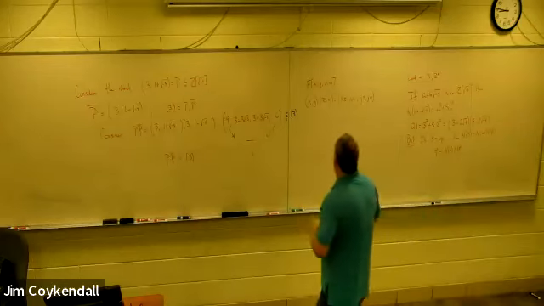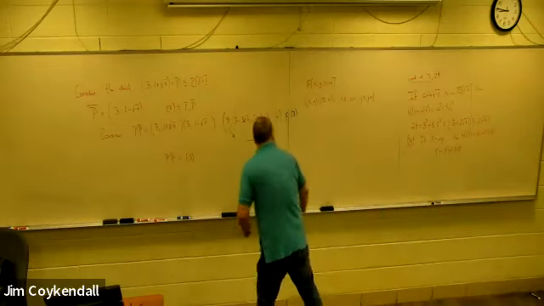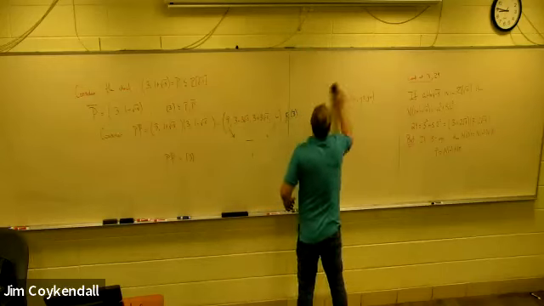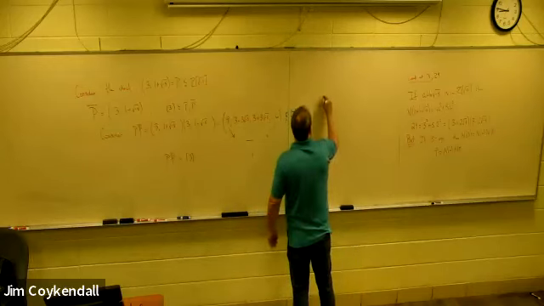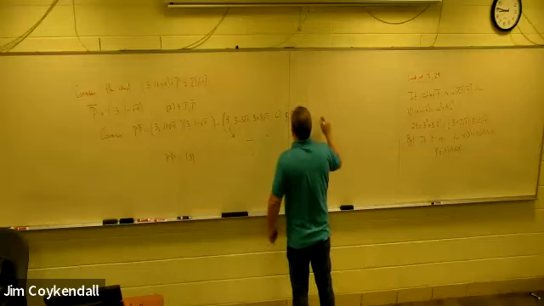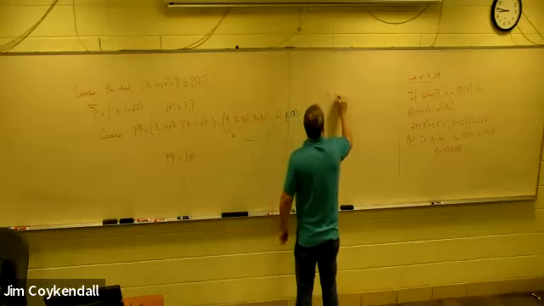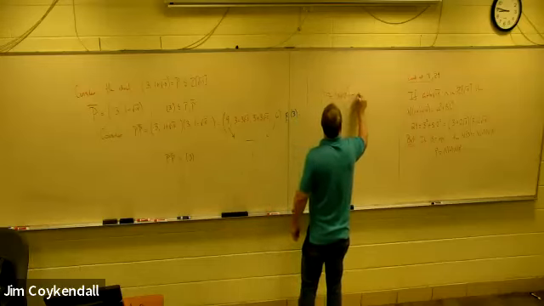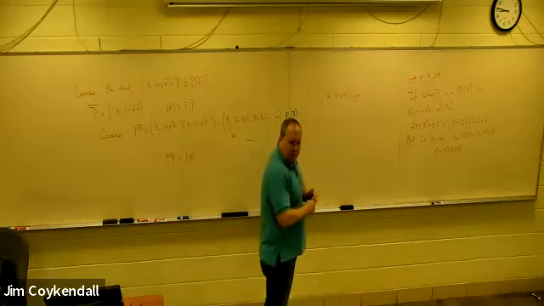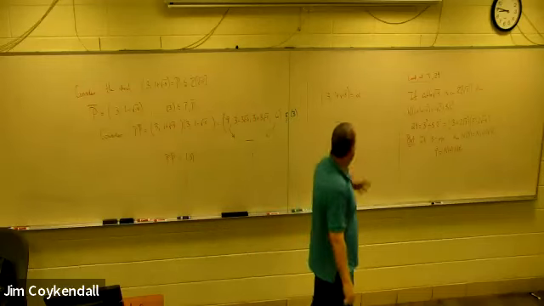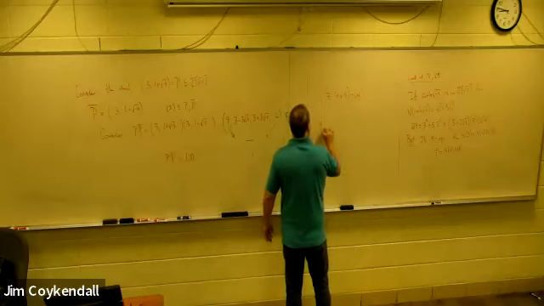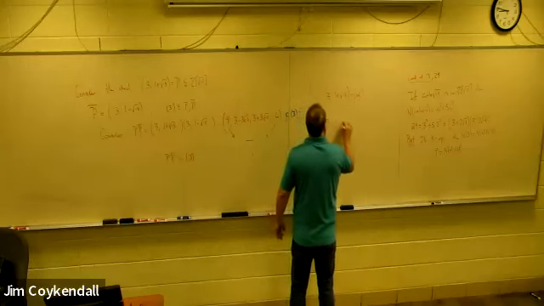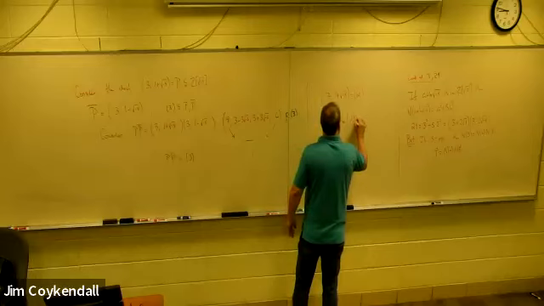Suppose, for example, that it's generated by a single element alpha. This means that alpha divides 3 and alpha divides 1 plus radical -5.